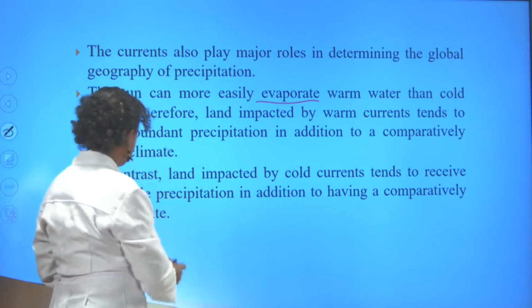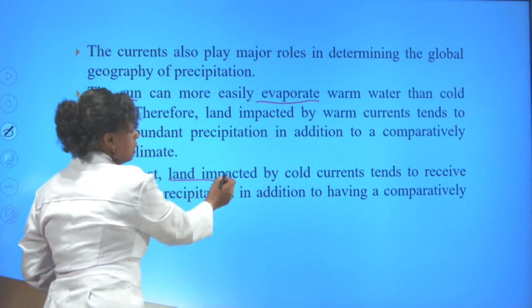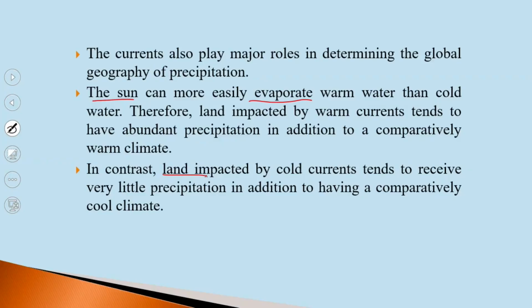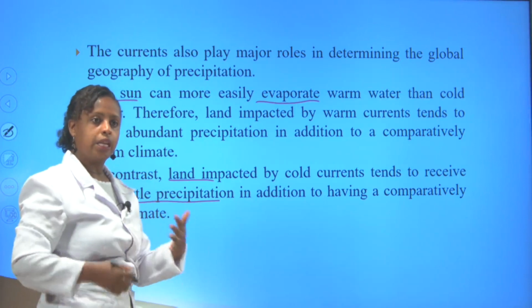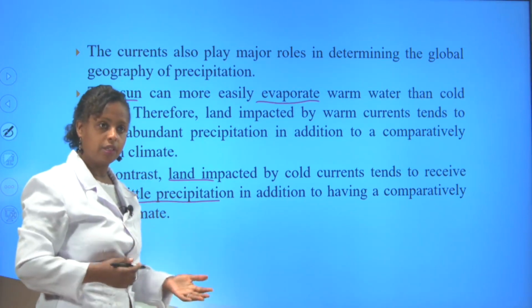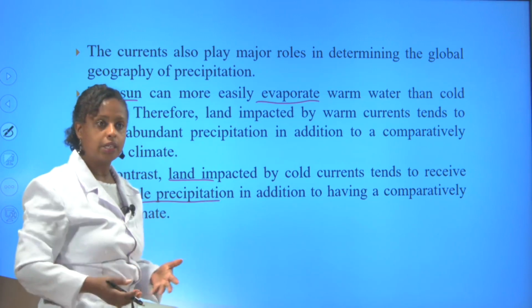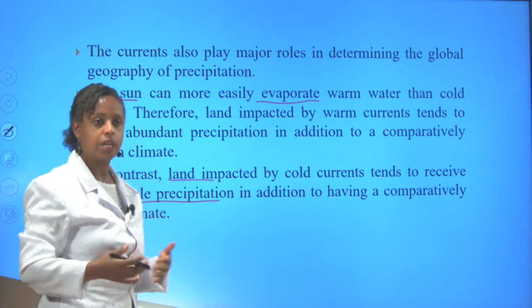But the land nearby cold ocean currents gets little precipitation. This is the effect of ocean currents, bringing a warming or cooling effect in addition to providing precipitation to the nearby regions.